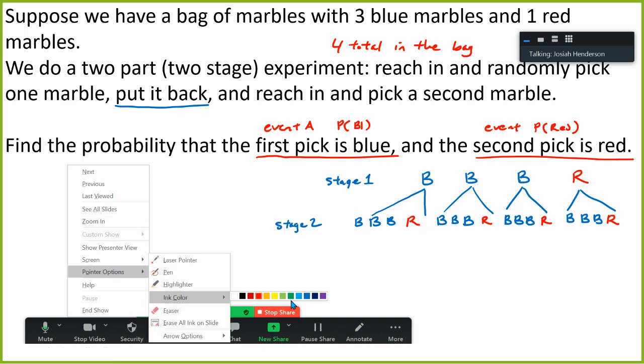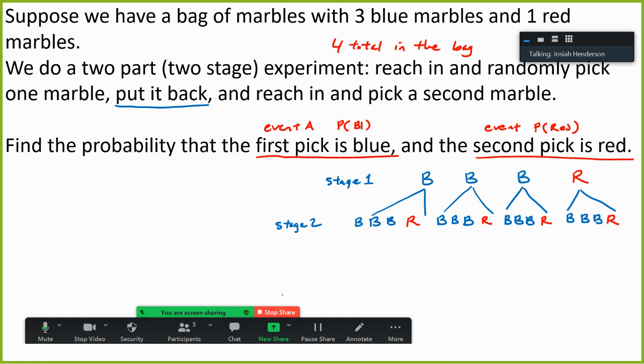I'm going to color this green to identify the outcomes that would give us a success. So first pick is blue, second is red, first pick is blue, second is red, and then here we see blue and red again. And we wouldn't use the last part of our tree, would we? Because that's getting a red first, and that doesn't count as a success for us. So there's three successful outcomes.